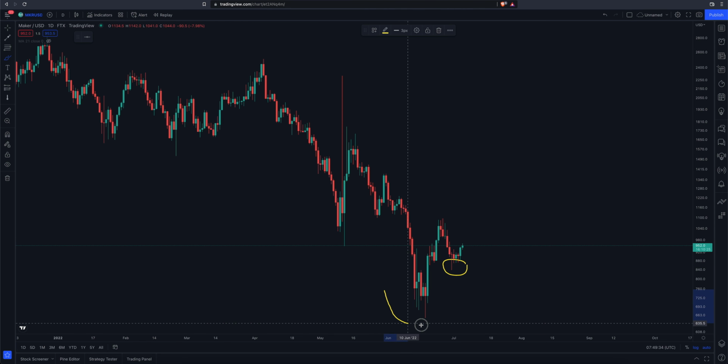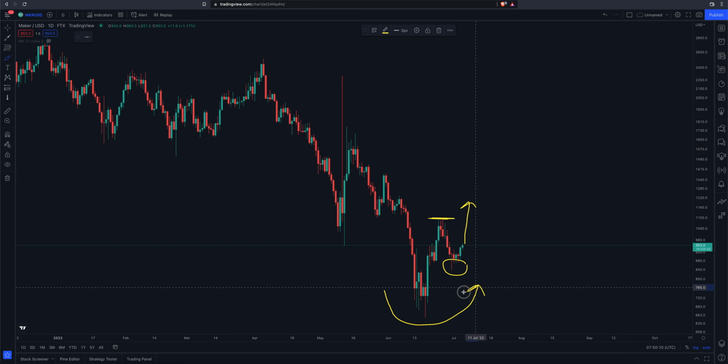So that is interesting. Now, what you need to see is a break past the highs into a higher high. So I'd be looking for a break above that high, confirming a higher high and confirming a new uptrend has been started in the early stages.